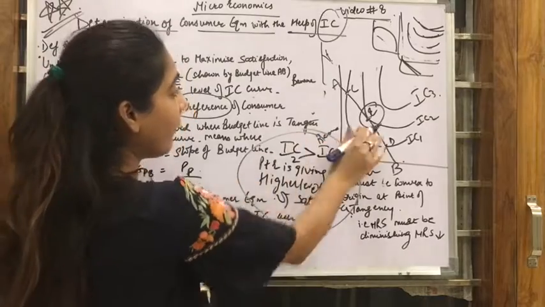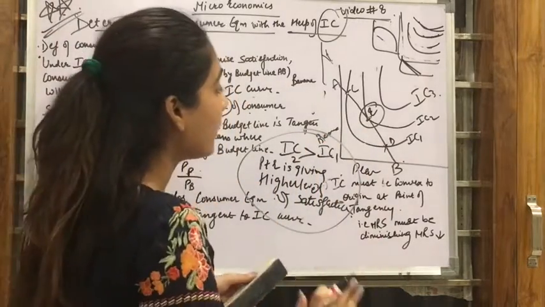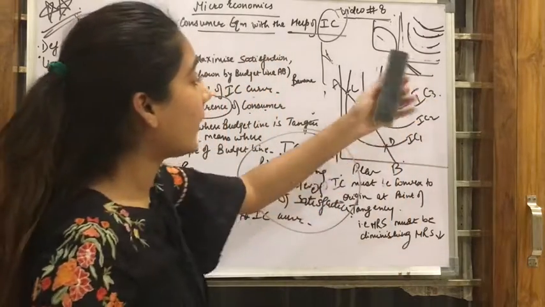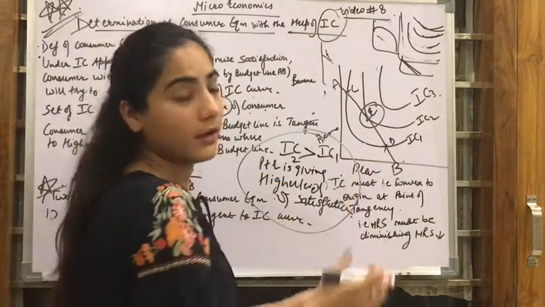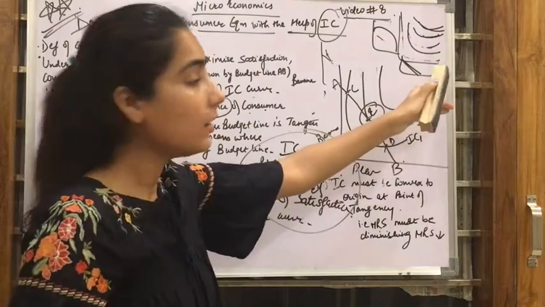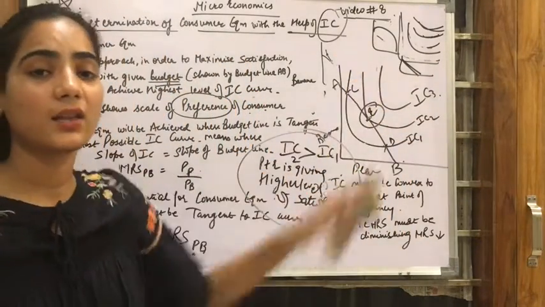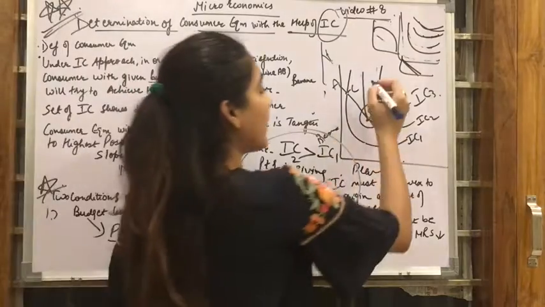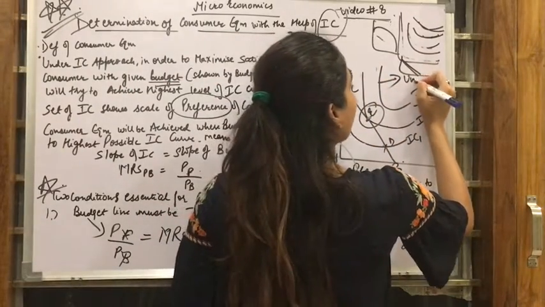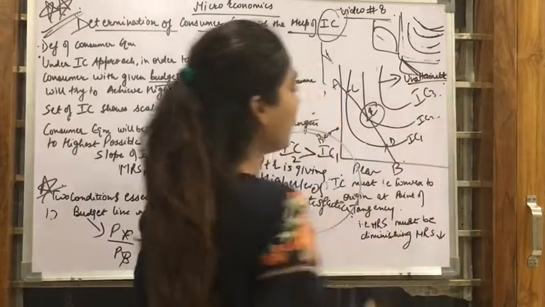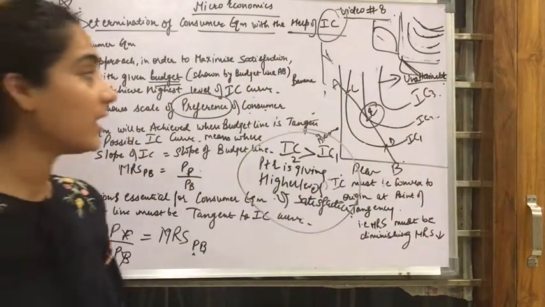So I hope you have understood this. Now the question arises, you will say that IC3 is greater than IC2 and IC1. So why are we not taking IC3? Because IC3 is unattainable. Why? Because IC3 is not touching our budget line.